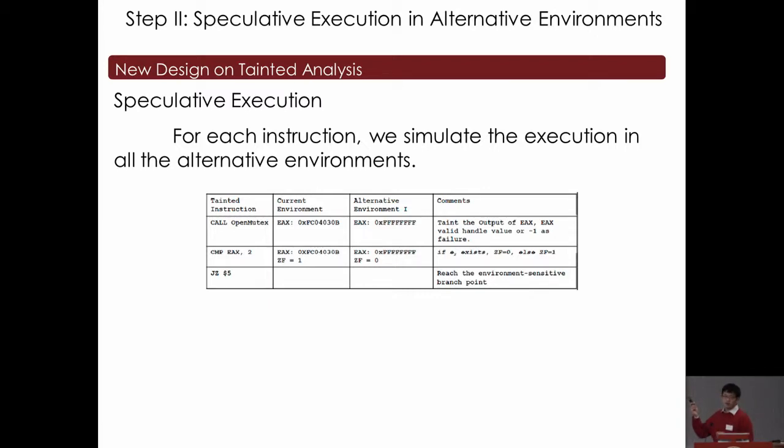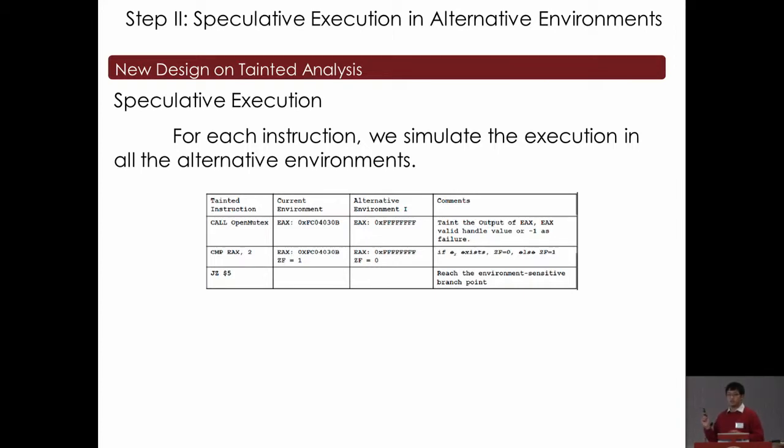Then we taint the output EAX and see whether the tainted values propagate to other registers or memory locations after executing the following instructions. For example, when they compare EAX with 2, in the first environment the ZF will be set to 0, and in the other environment the ZF will be set to 1.